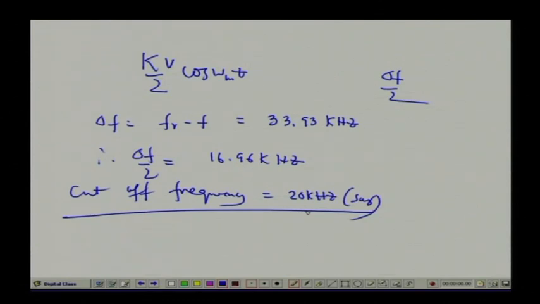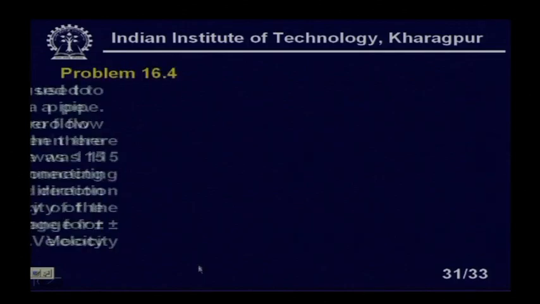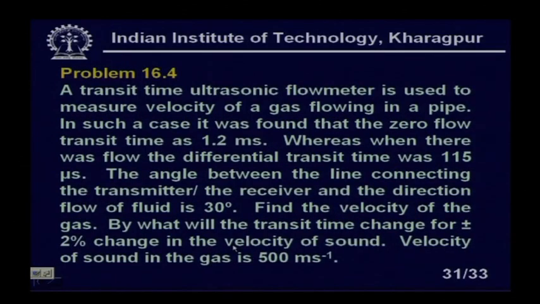Now, you see the fourth problem is very straightforward. The problem is 6.4: a transit time ultrasonic flow meter is used to measure the velocity of a gas flowing in a pipe. In such a case, it was found that the zero flow transit time is 1.2 millisecond. That means when there is no flow, the transit time of the signal between the transmitter and receiver is 1.2 millisecond, whereas when there is a flow, the differential transit time was 115 microsecond.